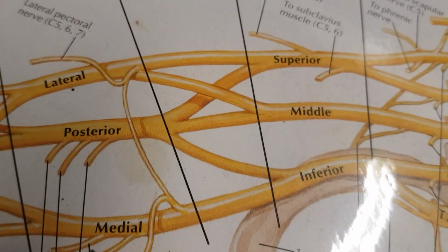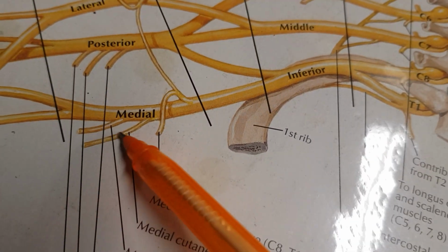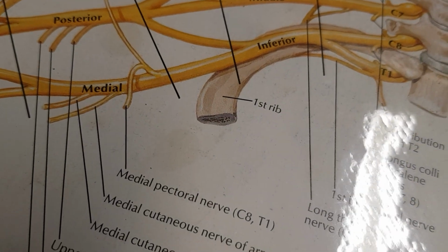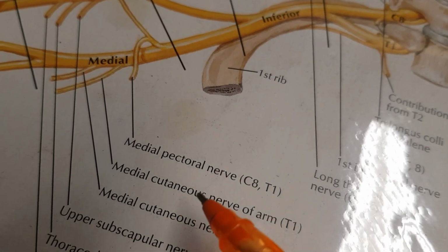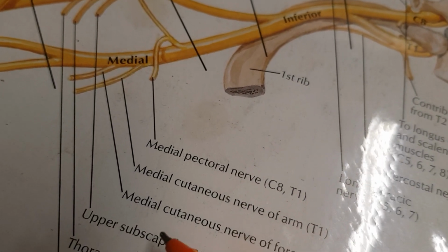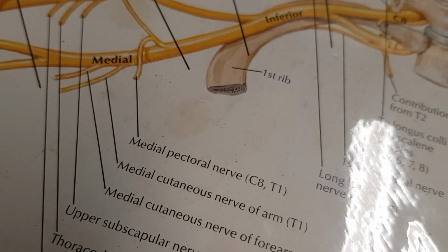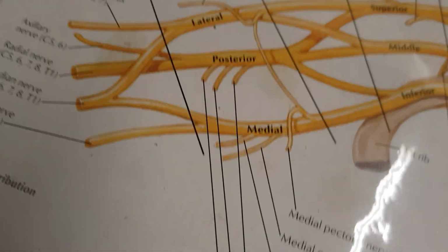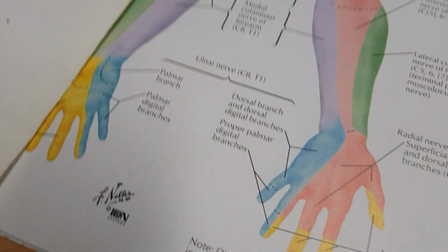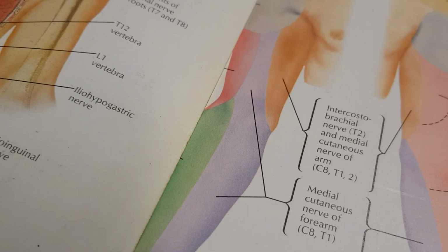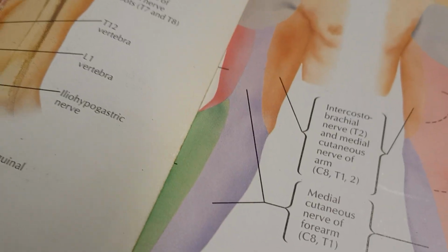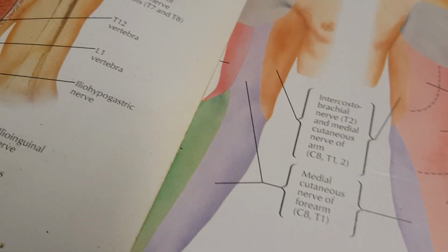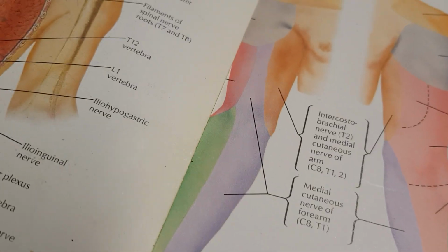We have two nerves here that are sensory nerves. The medial cutaneous nerve of arm is a sensory nerve. The medial cutaneous nerve of forearm is a sensory nerve. When that nerve has a problem, that area of the skin is not a small area like a dermatome. It covers a big area of your arm that will be affected.